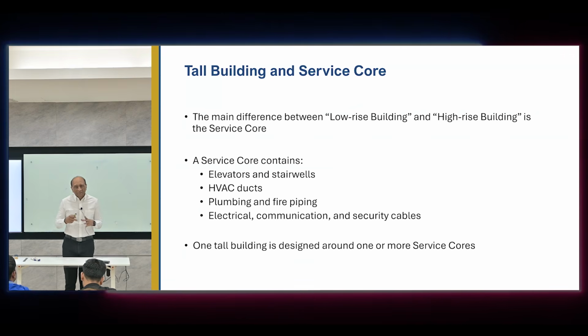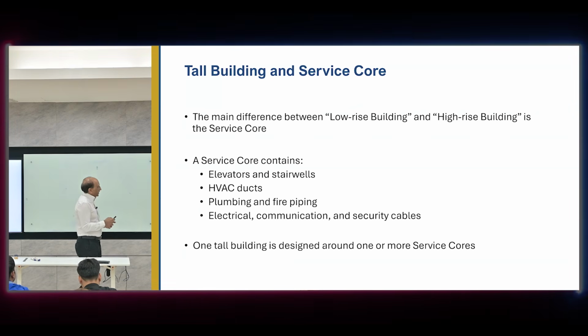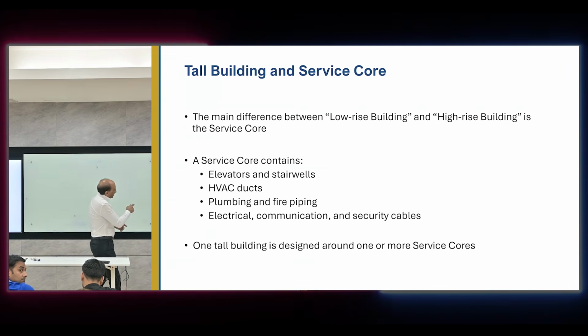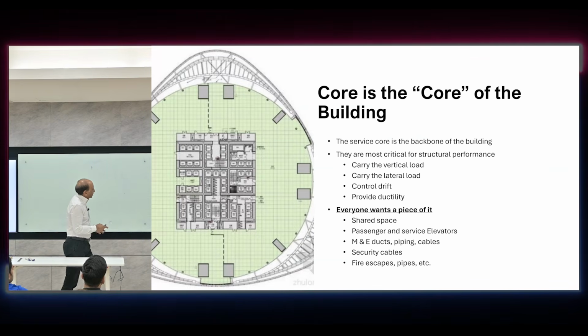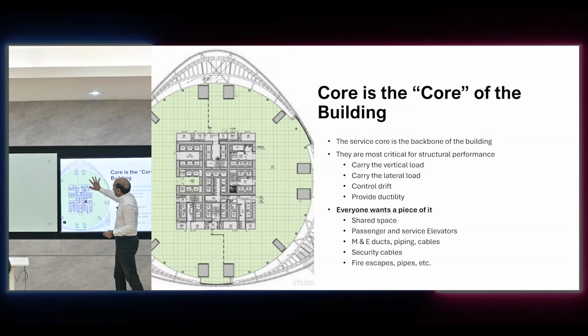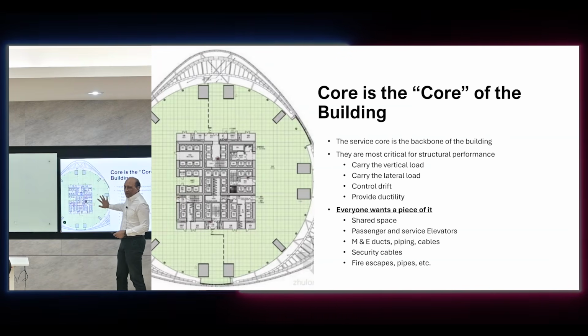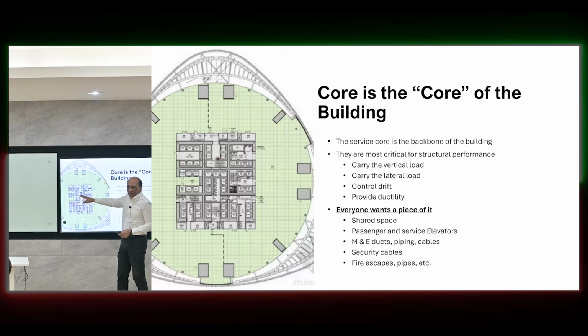So this is one of the most difficult tasks of any architectural design, to make the core and the building usable. As you can see here, this is the core, and that is the building around it. Almost no space, the green space is so small compared to the core space, because everything is gone there.